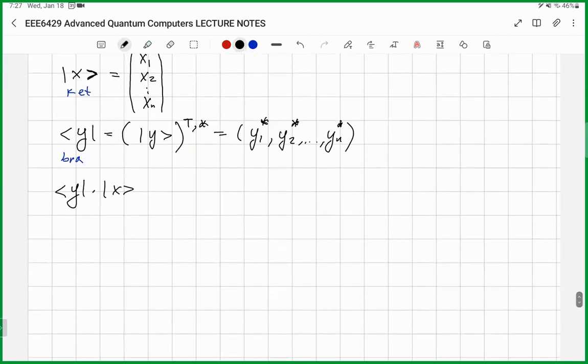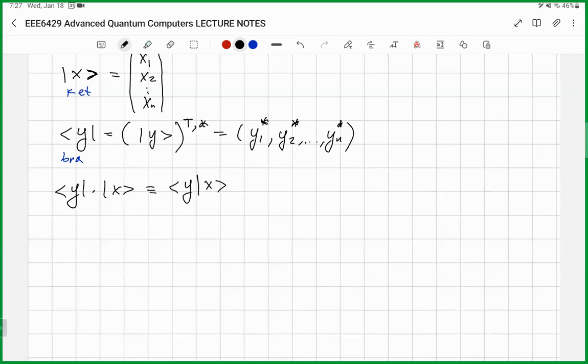This bracket, this inner product, we never write in this form. For briefness, for simplicity, we write it this way: y, just one vertical short line, and then x.